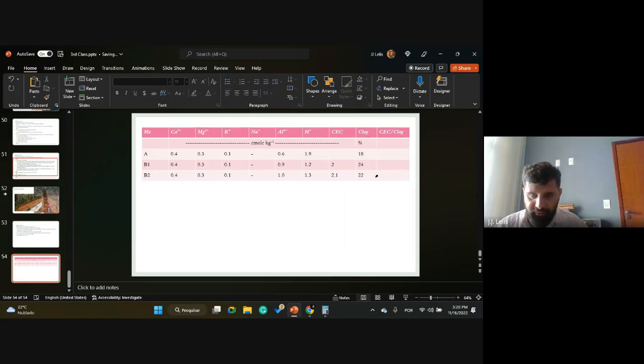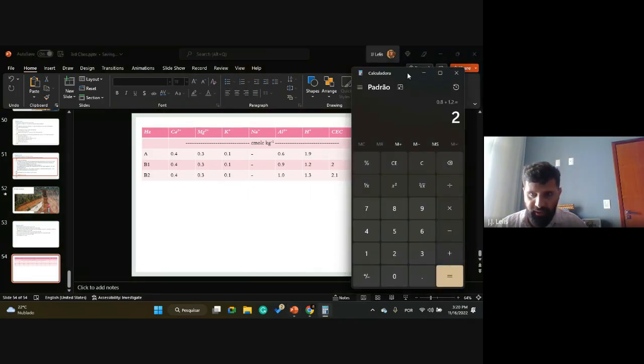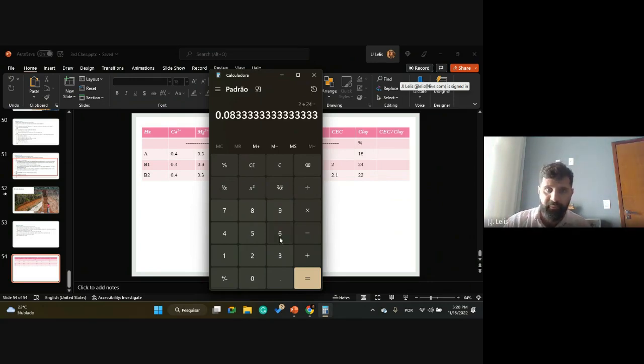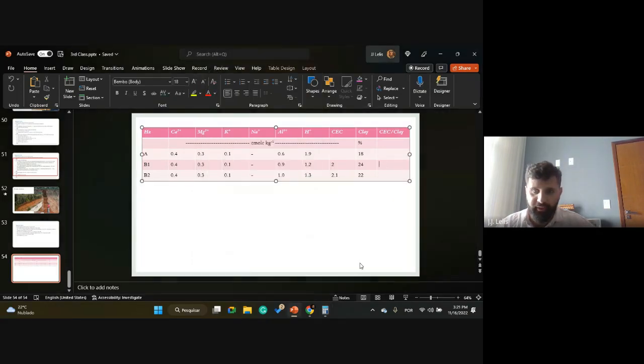And now we have to calculate the activity of the clays. So we just need to do this: 2 divided by 34, and multiply by 100. So here we have 8.3.